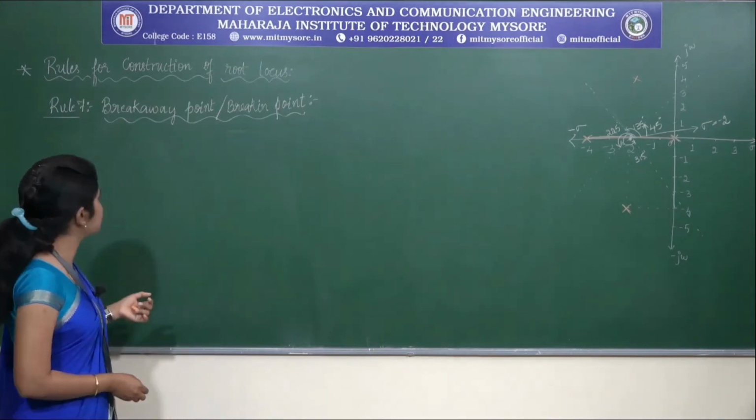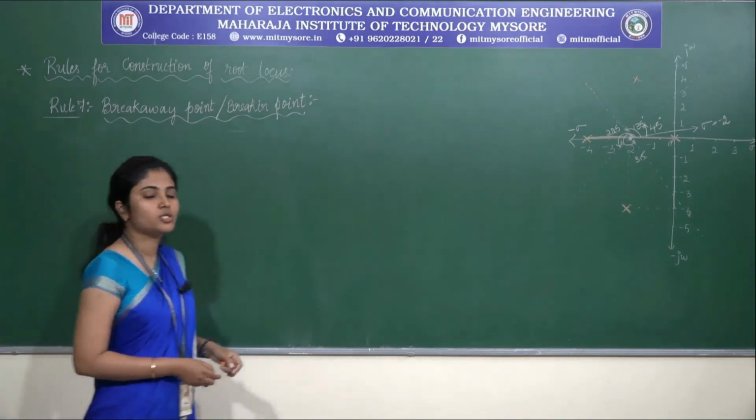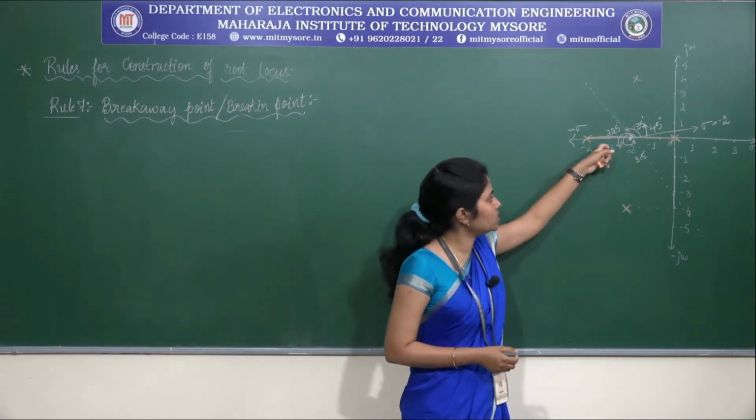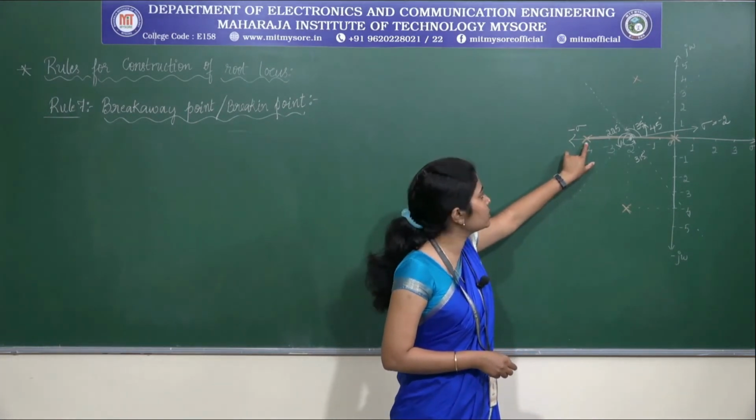Moving on to rule number 7, which speaks about breakaway and break-in point. So what is breakaway point? Looking at this graph, I know this pole is located here.